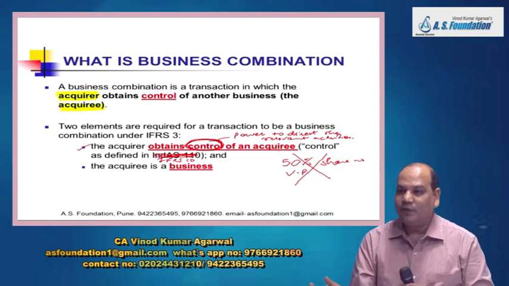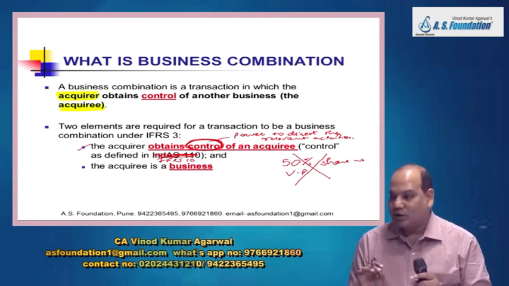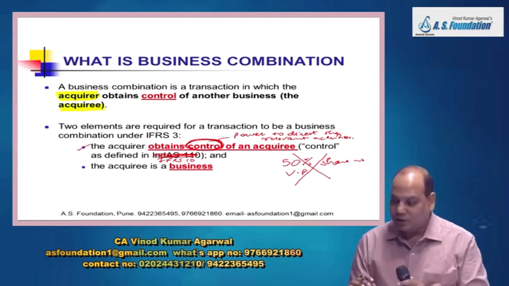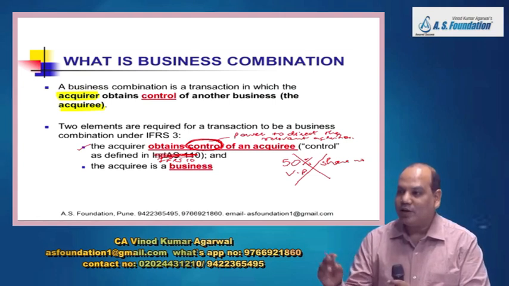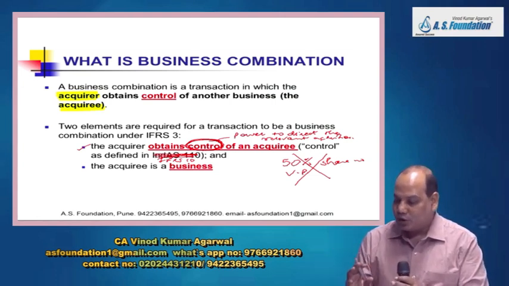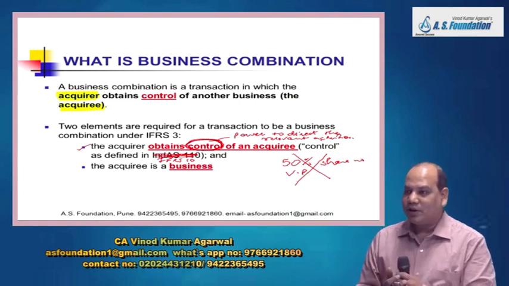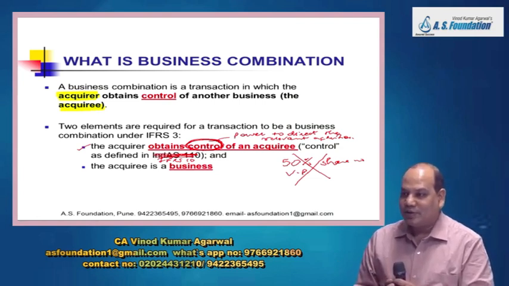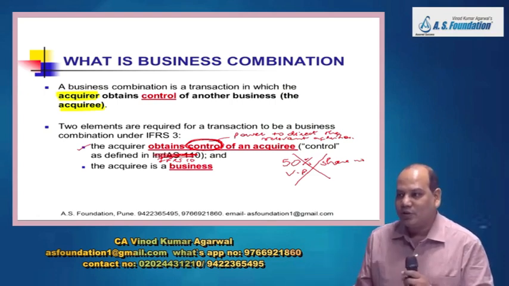But if you are holding less than 50% share in voting power, but you have the power to direct the relevant activities, and you are exposed to variable returns because of your investment in the other entity, then this will be called control. With less than 50% also you can have control. With more than 50% also you may not have control.